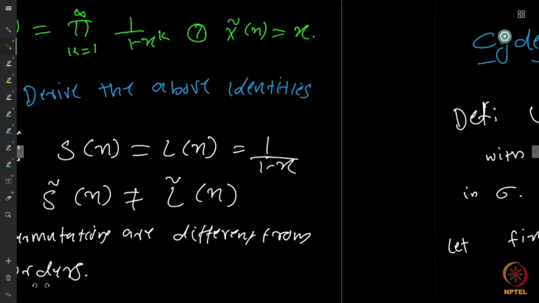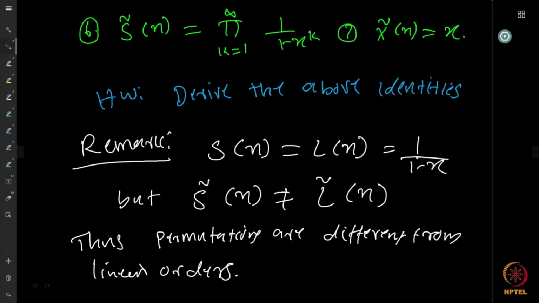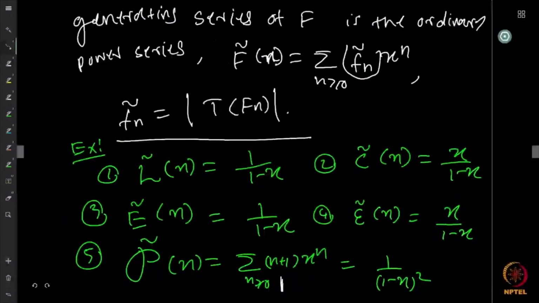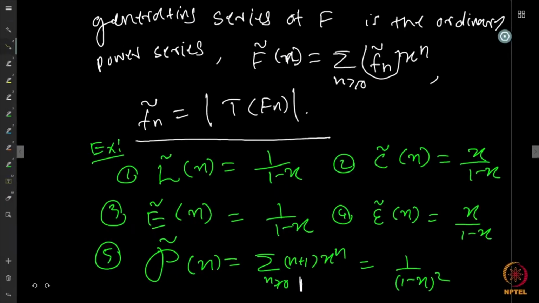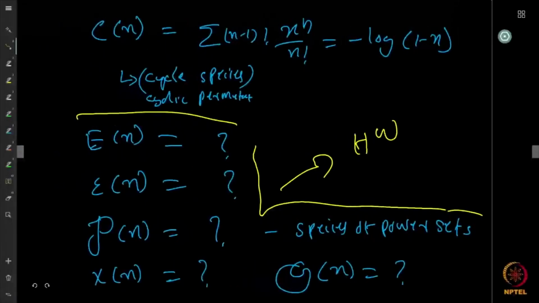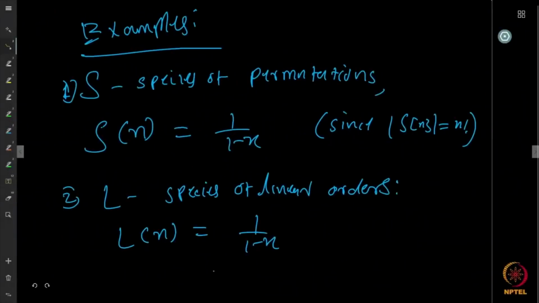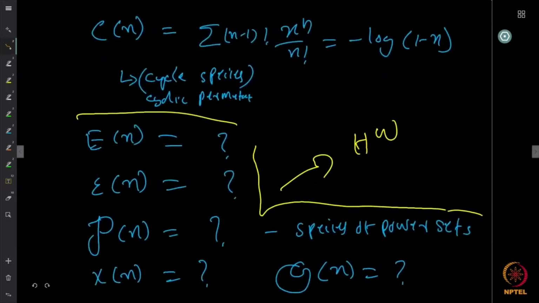So maybe I should just mention one more thing. S of x and L of x were 1 by 1 minus x. But if you look at L of x, which was 1 by 1 minus x, and L tilde of x, it was also 1 by 1 minus x. This should not confuse you. Here L of x is 1 by 1 minus x because it was the exponential generating function, and we were actually dividing by n factorial.